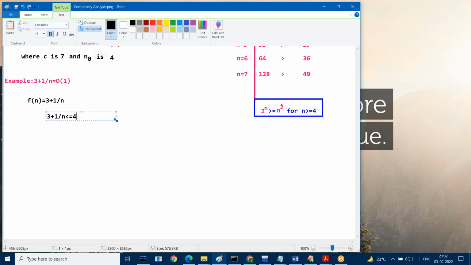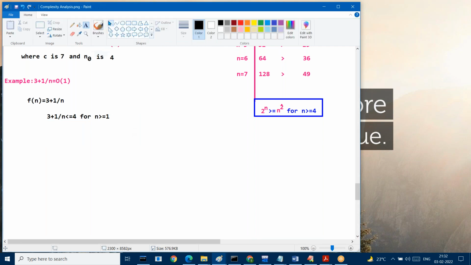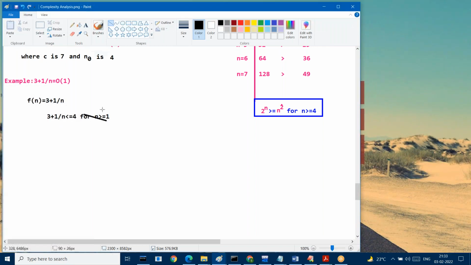But for what values of n? For n greater equal to 1. Now you substitute the n value as 1. 3 plus 1 becomes 4, equality holds. If you substitute n as 2, then 1 by n is half, so 3.5 is less or equal to 4.